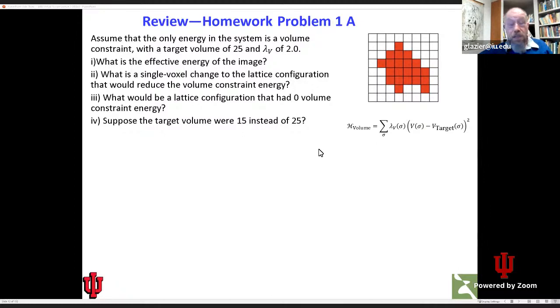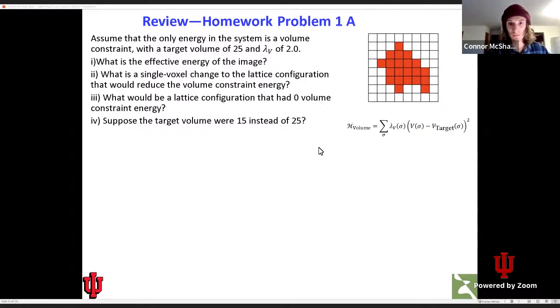Are there any questions? Did anybody have any issues solving this problem? Everybody got it? If you didn't have any issues, what was the result? I think I put down 32 for that one. Let me flip back. Yeah.